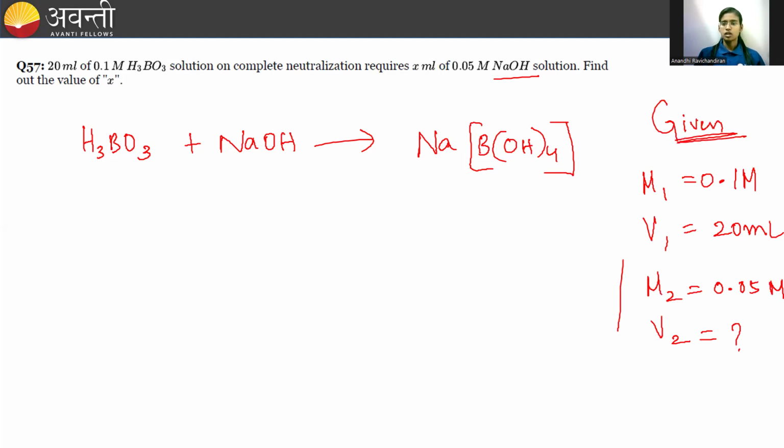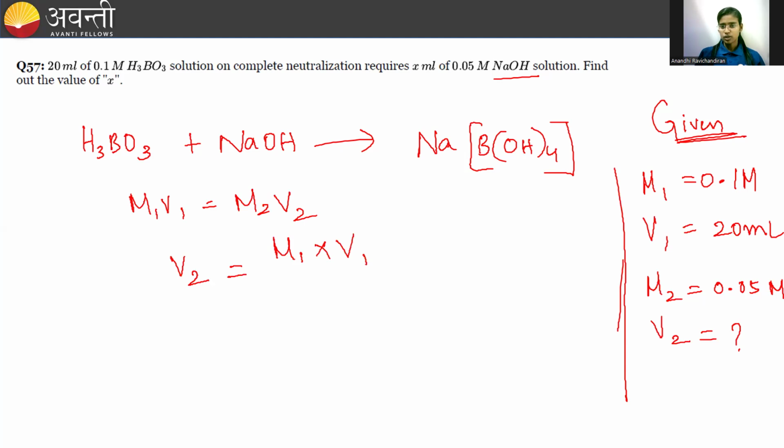Now, from this given information, we have to apply the formula M1 V1 is equal to M2 V2. Got it? So we are supposed to find out V2. So V2 is equal to M1 into V1 divided by M2. So M1 is 0.1 and V1 is 20 ml, the whole divided by M2, which is 0.05.